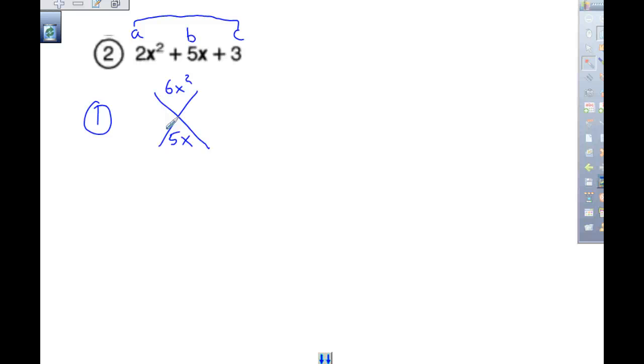3 and 2, more 3x and 2x, right? 3x times 2x is 6x squared, and then 3x plus 2x is 5x. So the first is always the same. 2x squared goes in the middle.